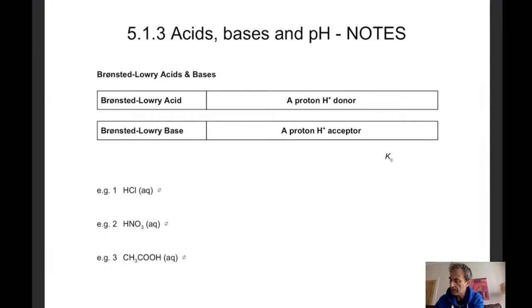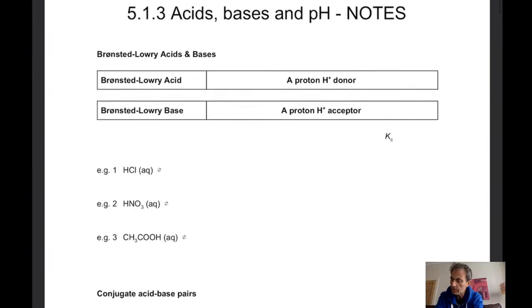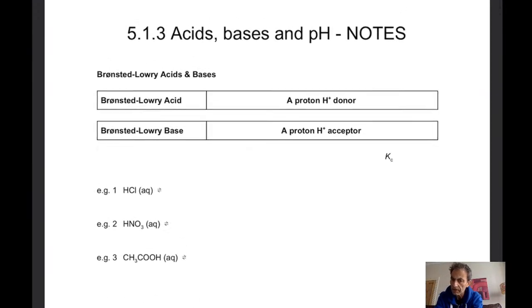A Bronsted-Lowry acid is defined as a proton or an H plus donor, and a Bronsted-Lowry base is the chemical opposite of that. So if an acid's a proton donor, a base is a proton acceptor. And obviously proton and H plus, you can interchange those.